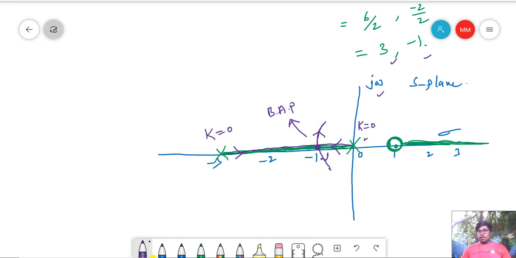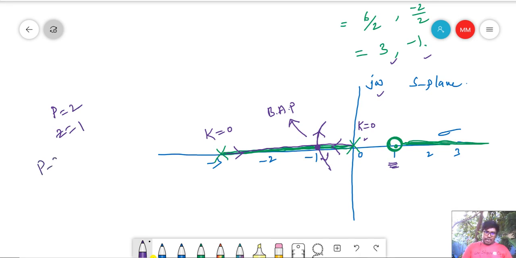Now break-in point means the break-in point lies within the root locus, and the root locus lies between 2 open loop zeros. But see here, in this case we have only 1 zero, and earlier I discussed that there are 2 poles and 1 zero for our transfer function, right?